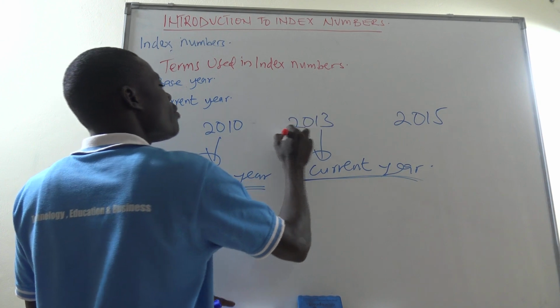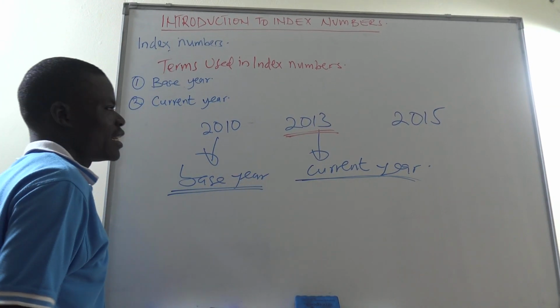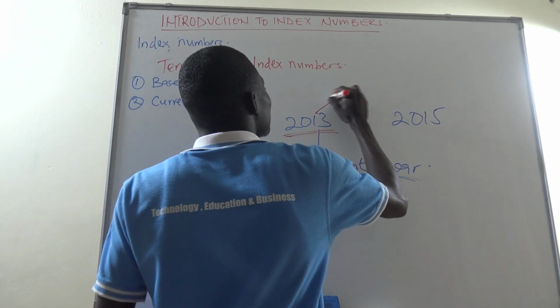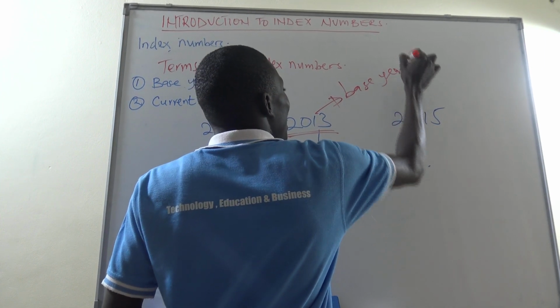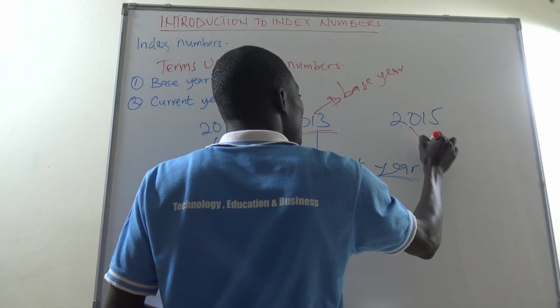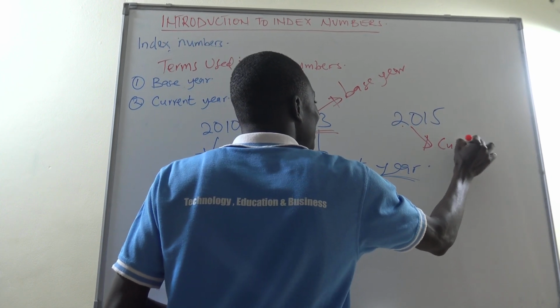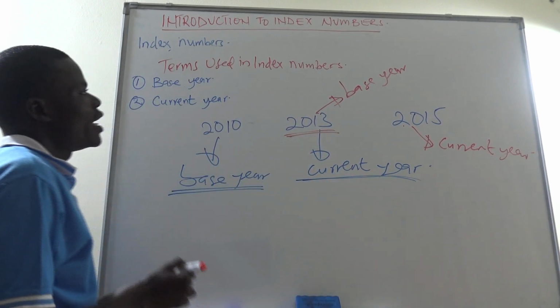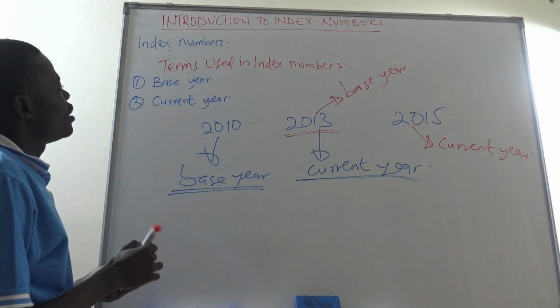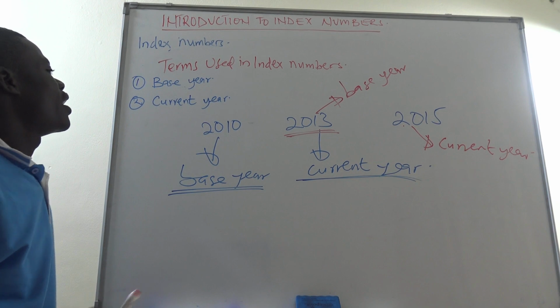If they give us a point of reference as 2013, then 2013 becomes our base year, as 2015 becomes our current year.